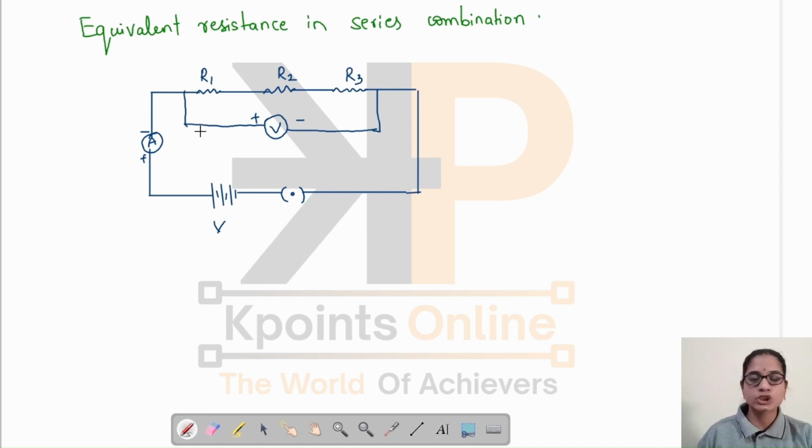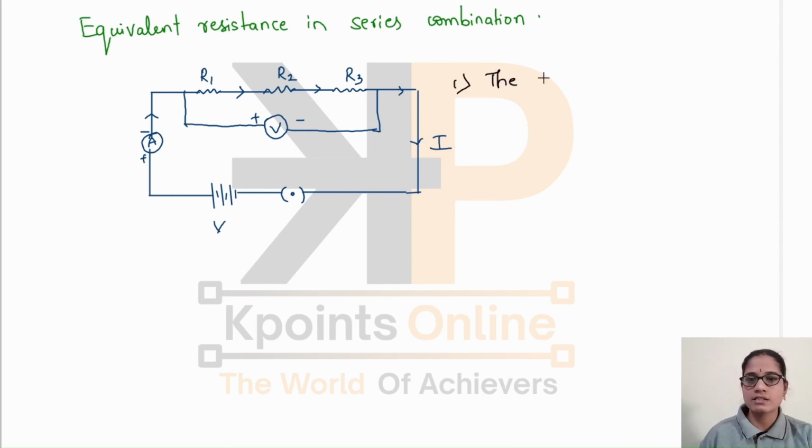We know that the direction of current is shown opposite to the flow of electrons, that is, from higher potential to lower potential. The current I is flowing through the circuit and the potential difference across the battery is V. Now let's see how the equivalent resistance is found in case of series combination.